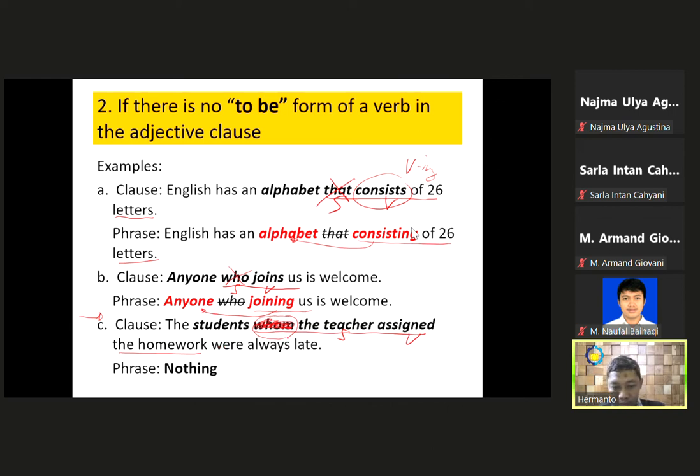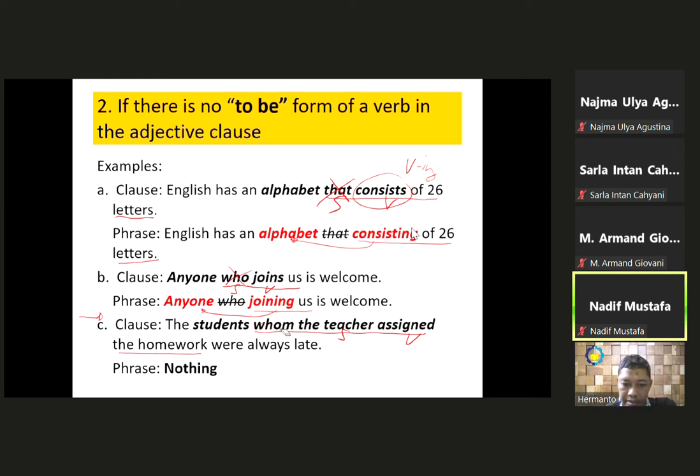No problem. But it is much clearer if you use whom: the students whom the teacher assigned the homework were always late. Is it clear to you, everybody?